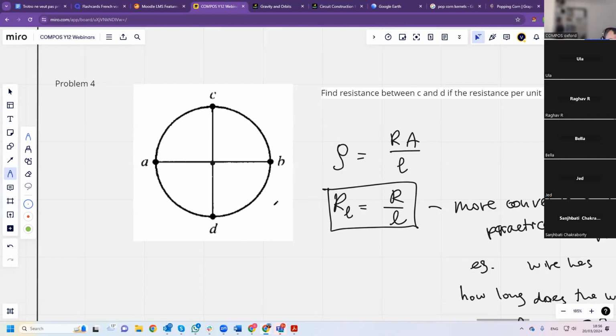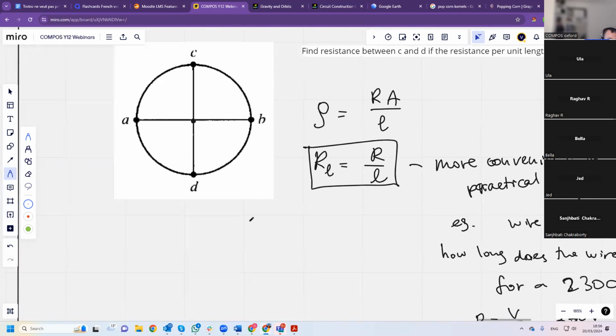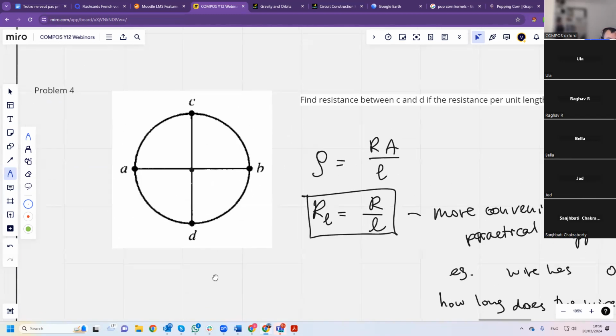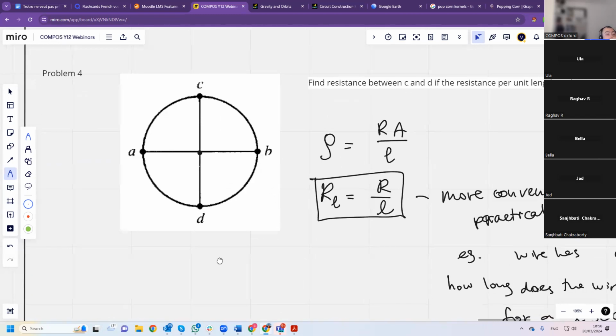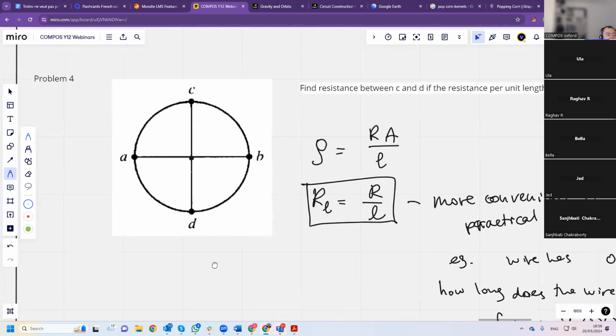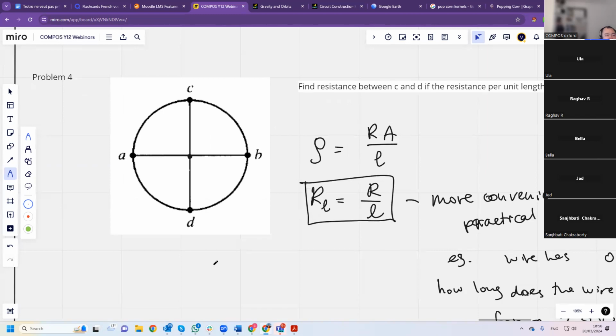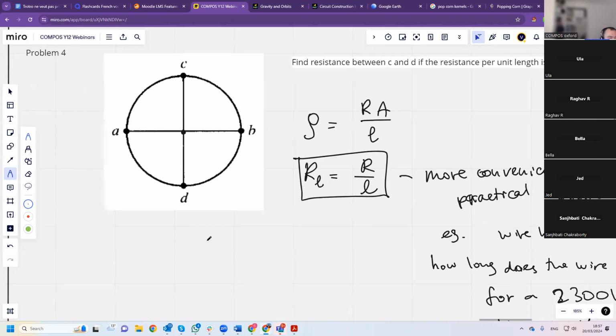We can imagine a small resistance here, a small resistance here, a small resistance here, a slightly bigger resistance here because it's longer.